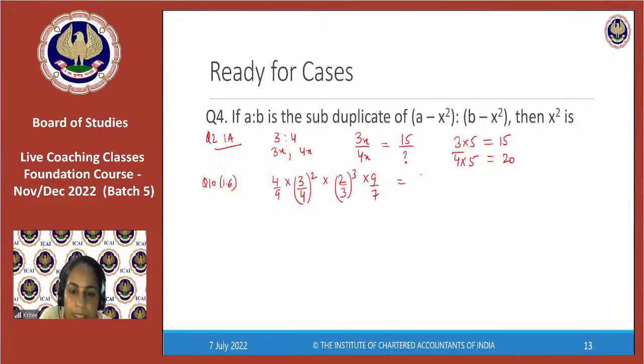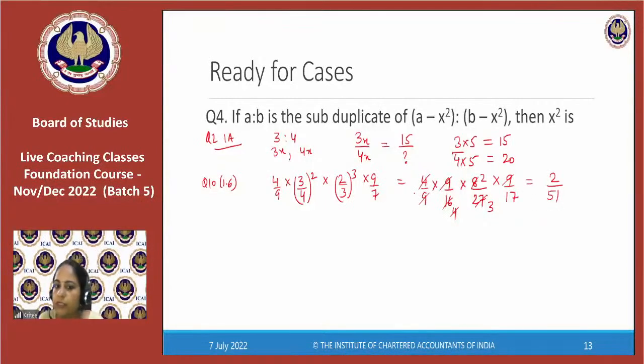Simply multiply these: 4/9 into 9/16 into 8/27 into 9/17. Solve this. 9 and 9 get cancelled out. 2:51 is your answer. Question number 11, 4. None of these would be your answer.